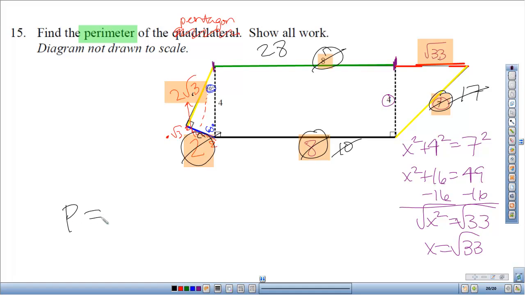So the perimeter of this pentagon would be what? 28 plus that 2 square root 3 plus that square root 33 that we can't add on the way it is. And even though that answer looks a little crazy, that's what it would be. If those came out to be things you could add on, then we would add them all up. But 2 square root 3 can't get added with 28 or square root 33.